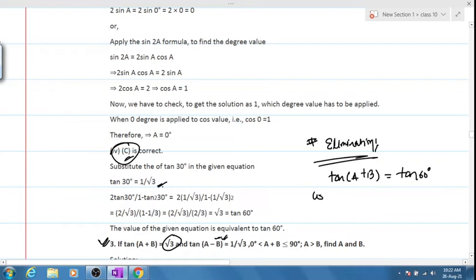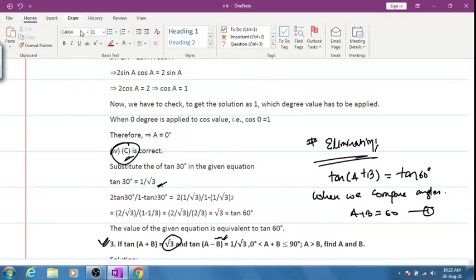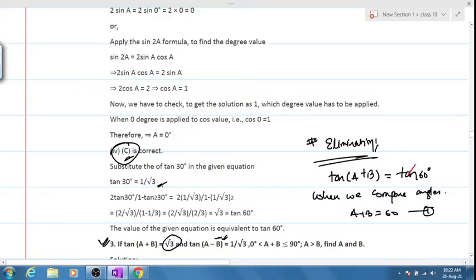Therefore, when we compare angles, we get A plus B equals to 60. This will be termed as equation 1. Similarly, you will get equation 2. Now, many of the students make mistakes here, and what they will do is cut this thing off and still get the same answer.